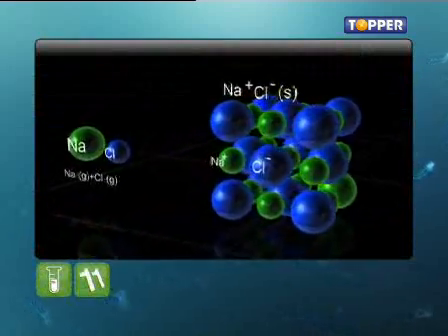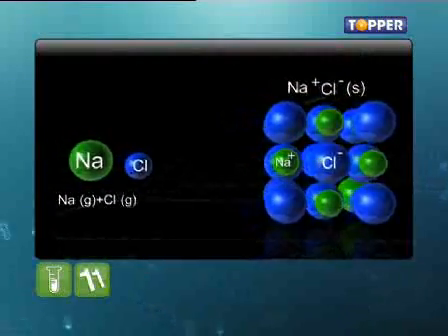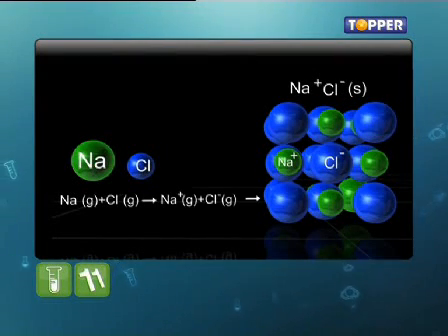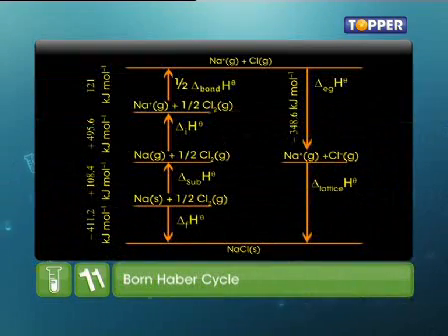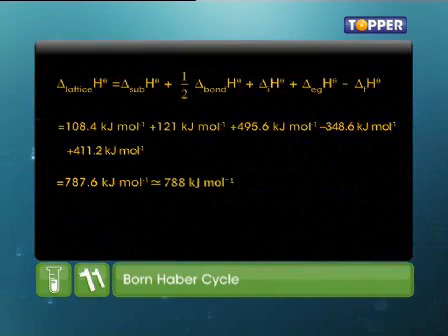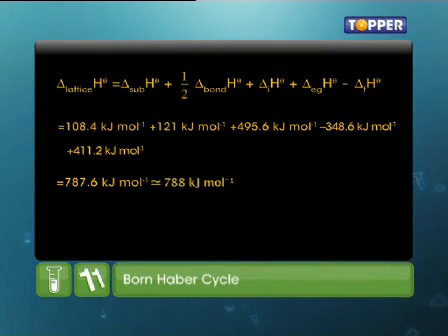Associated enthalpy change is called electron enthalpy gain, denoted by delta H. In the last step, sodium and chloride ions combine to form 1 mole of sodium chloride crystal. Thus, it can also be said that lattice enthalpy can be evaluated by adding enthalpy change involved in the individual steps. Here we get lattice enthalpy for sodium chloride as 788 kilojoules per mole.